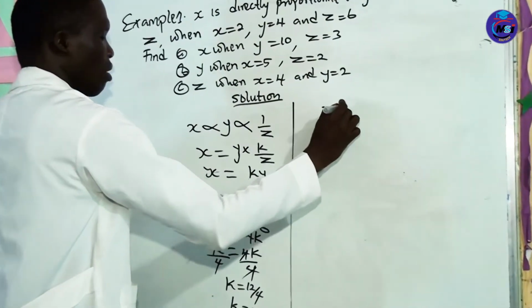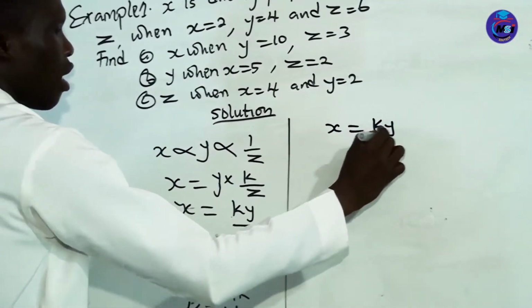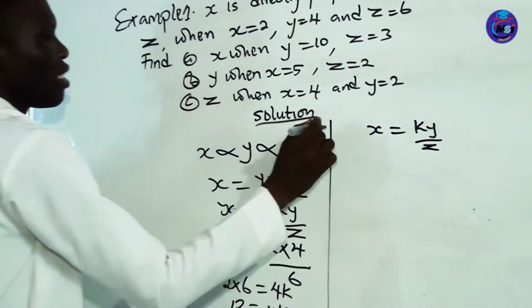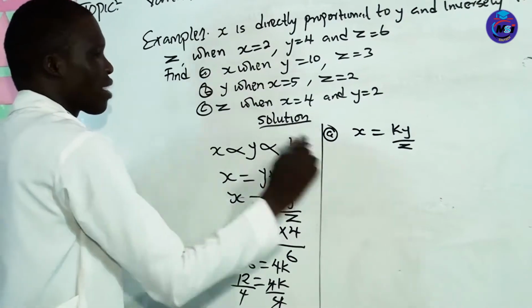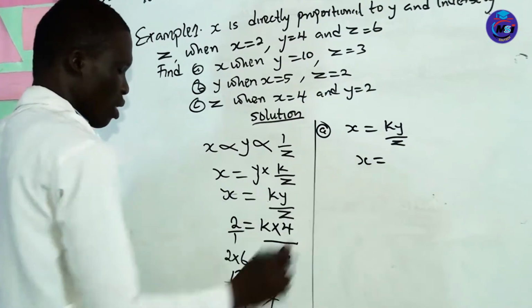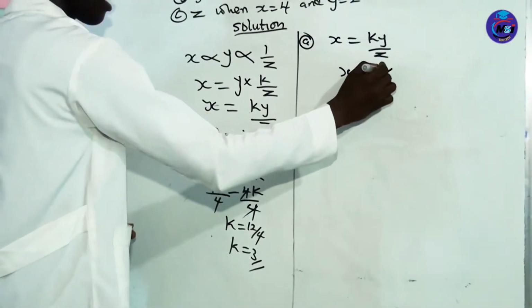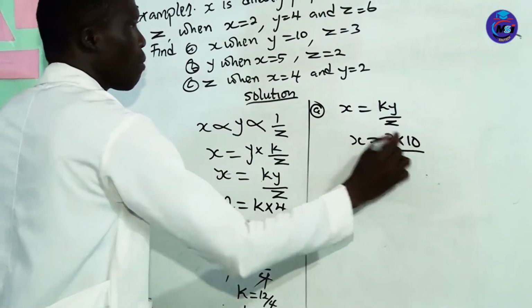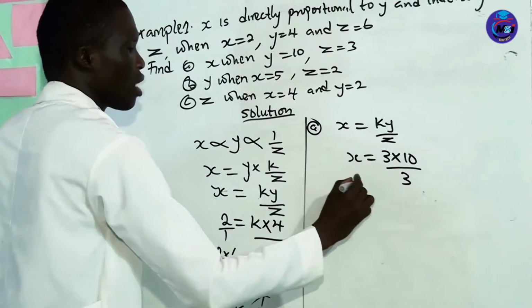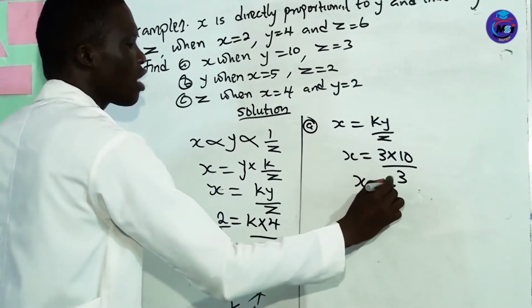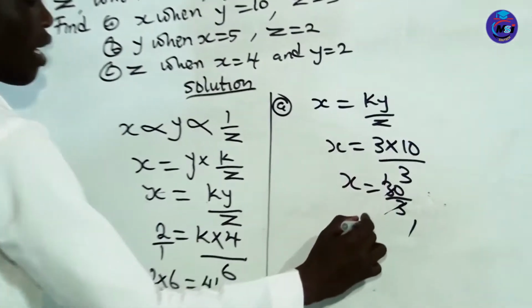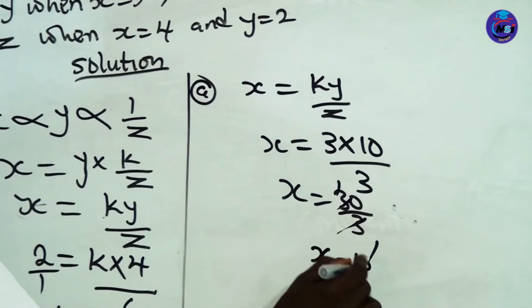X equals KY all over Z. Now to find X, X will give us, what is our K? 3. What is Y? 10. Divided by 3, which is Z. X will give us 30 divided by 3. 3 here 1, 3 here 1. X will give us 10.